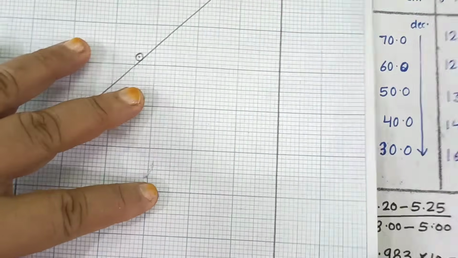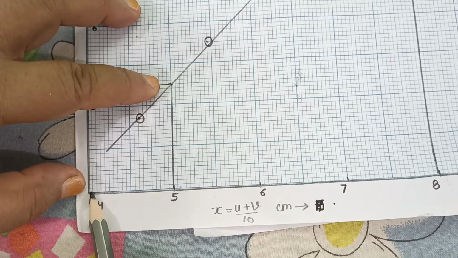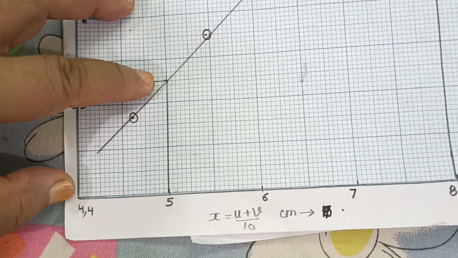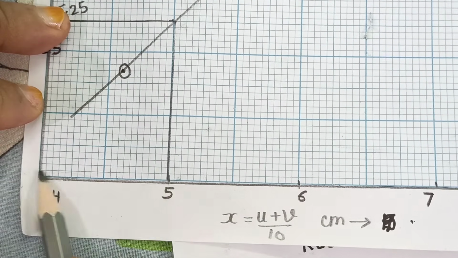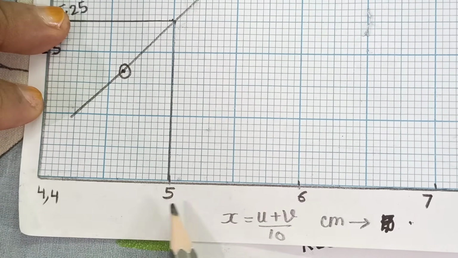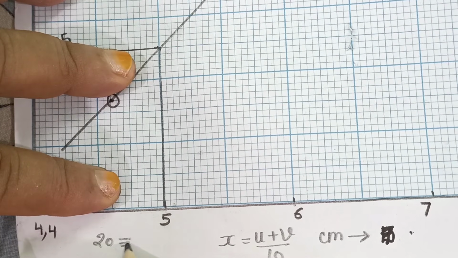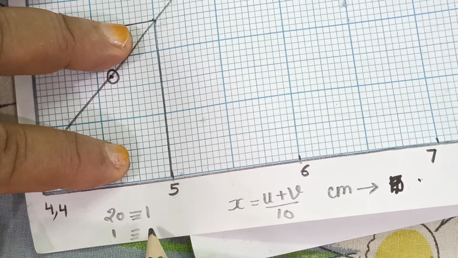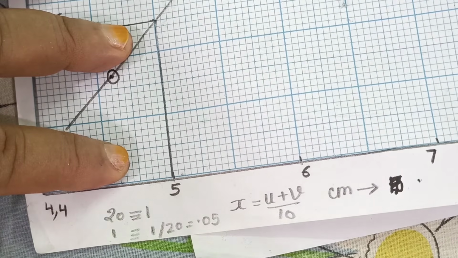After mentioning it, I have to see what my scale is and what is the value of 1 division of my scale. So the scale I have taken tells me that if 20 divisions are equal to 1 unit, then 1 division will be equal to 1 upon 20, that is 0.05 unit.